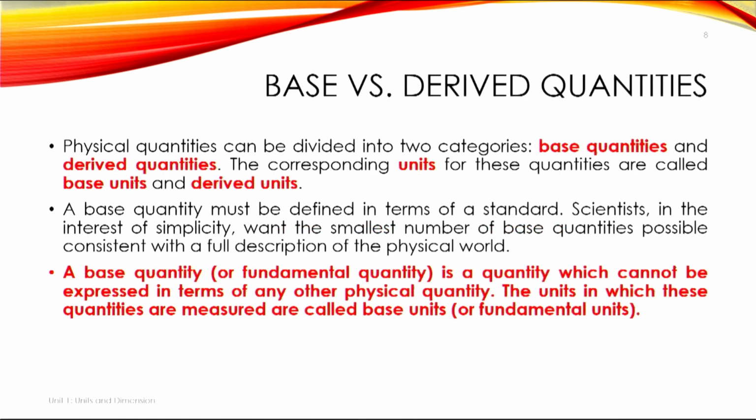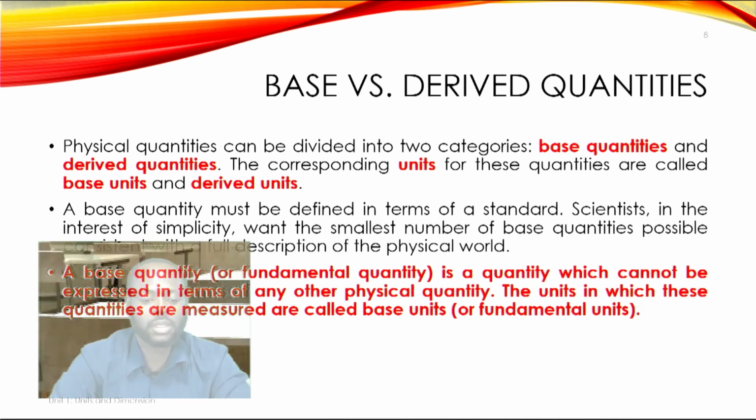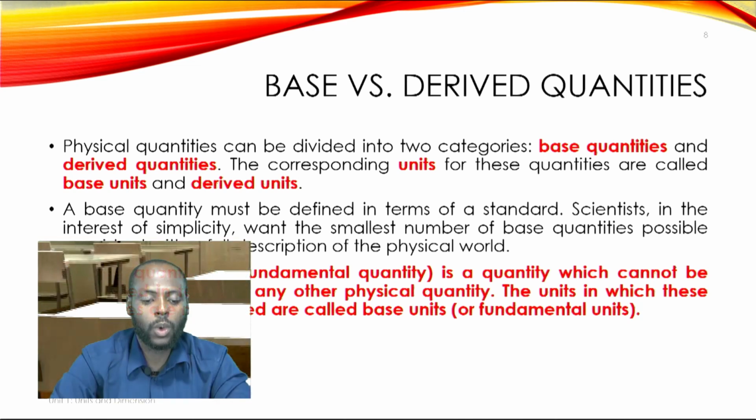Now that we understand that there are base quantities and some physical quantities that are derived from these base quantities, it becomes clearer for us to categorize physical quantities into two categories: base quantities and derived quantities.